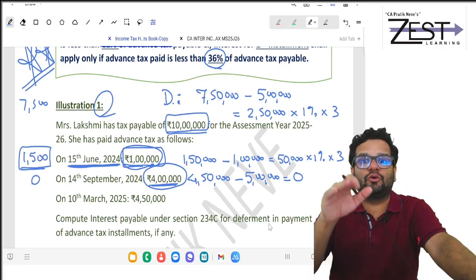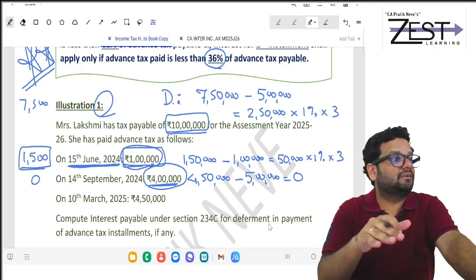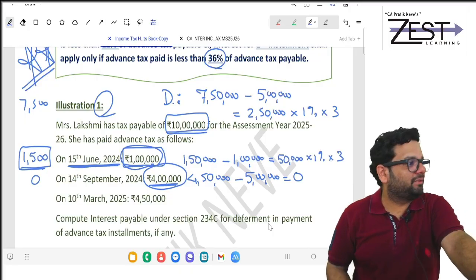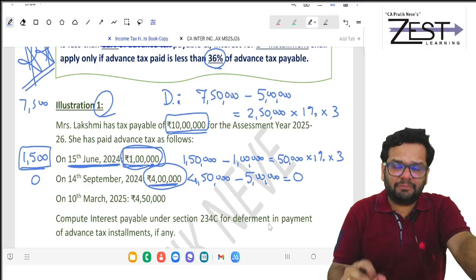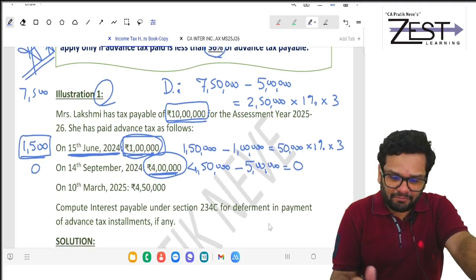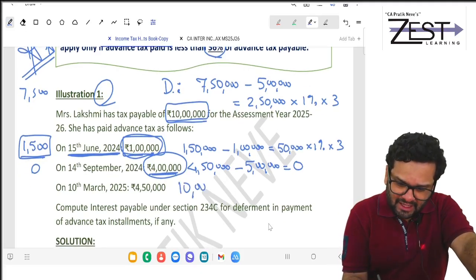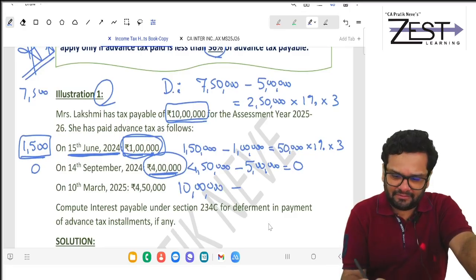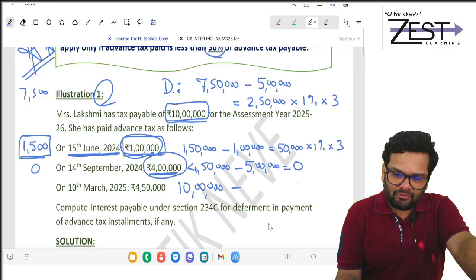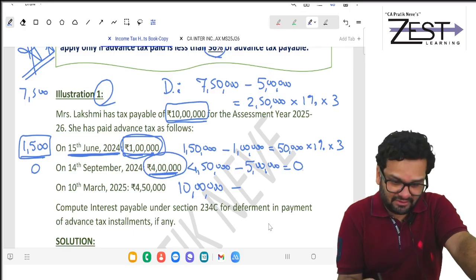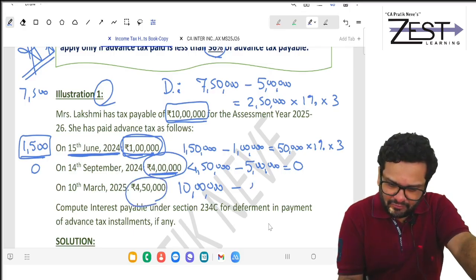And lastly, on or before 15th March, how much should I have paid? 100%. So I should have paid the full 10 lakhs. But how much have I paid? First 5 lakh, next 4 lakh 50,000. I have paid 9 lakh 50,000. What is the shortfall?